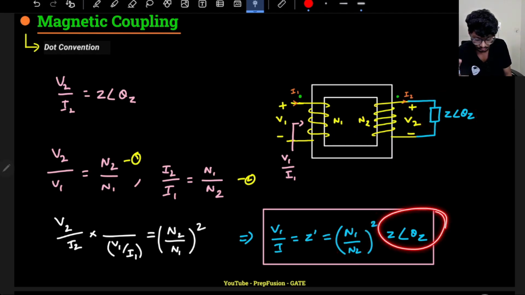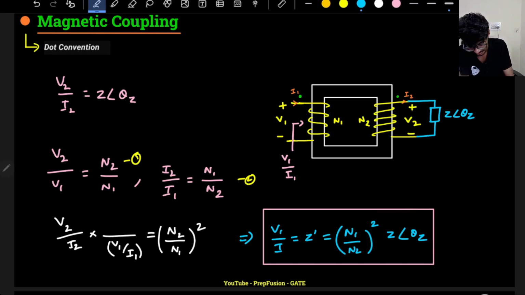That's it, and multiply with the impedance value. It will not change the phase. Very important: as a transformer is a linear device, it will not affect the phase, only the magnitude will be changed.